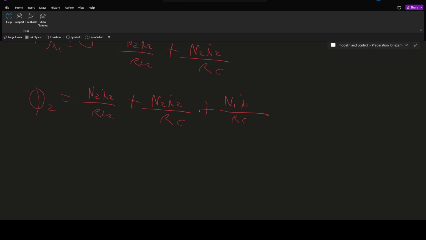Now that we have both fluxes, we need to find the flux linking each coil. So, flux linkage. Let's start with the first coil, N1. It's going to be N1 times phi 1.